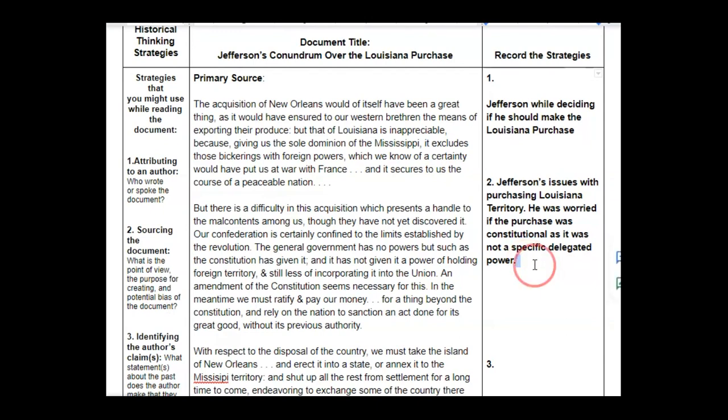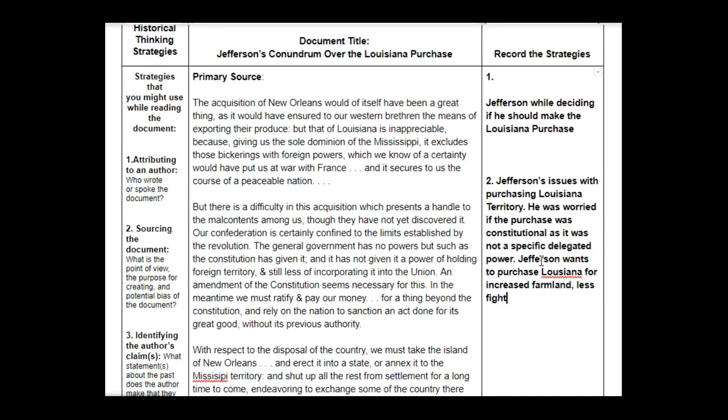Okay, and Jefferson also, let's add this in over here. Jefferson wants to purchase Louisiana for increased farmland, which was in the blurb, by the way, that paragraph on top. Less fighting with other countries, especially out west, with claims of territory and control of the Mississippi River, which is a big one.